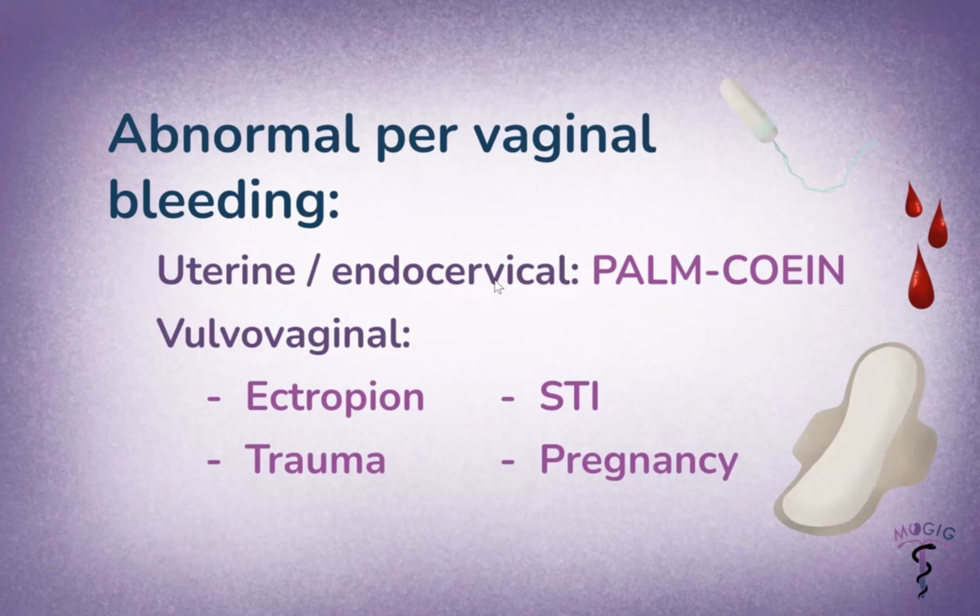So as we've talked about, we can use PALM-COEIN to think about the uterine and endocervical causes of abnormal uterine bleeding. It's also important to know that in some cases, the bleeding source can be from further down the vaginal canal or around the vulva. So in these instances, we can have cervical ectropions, so that's little changes to the cervix, where some of that rich endometrium from the inside of the uterus becomes everted outside of the uterus a little bit.